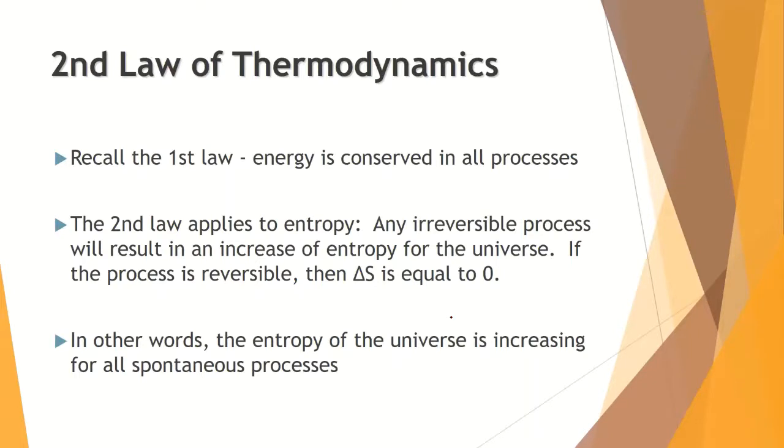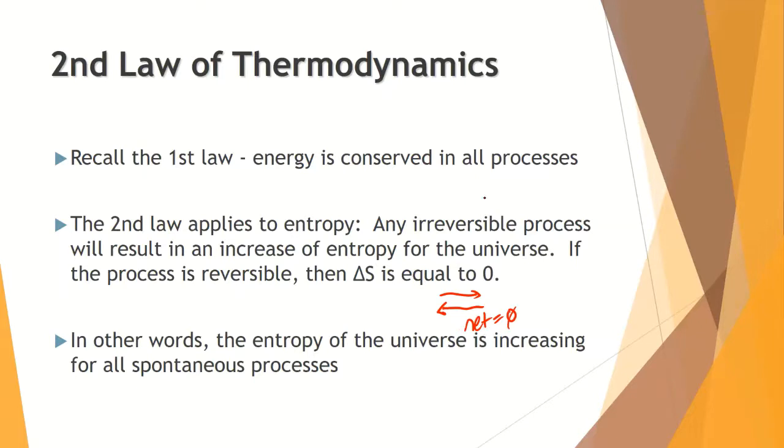The second law of thermodynamics tells us that for any irreversible process, that is any spontaneous process in the forward direction, there's going to be an increase in entropy of the universe. If the process is reversible, then the entropy change going this way would be matched by entropy change going that way, and so the net effect is zero.